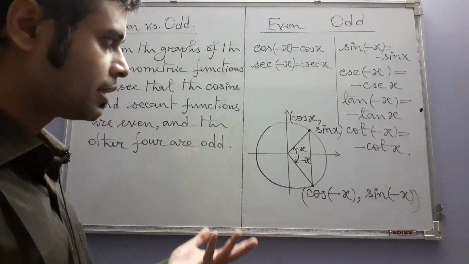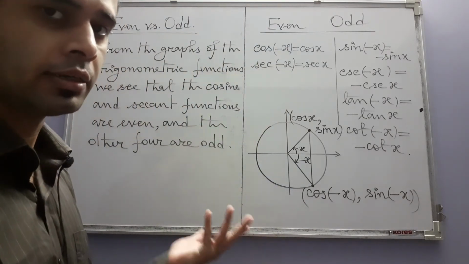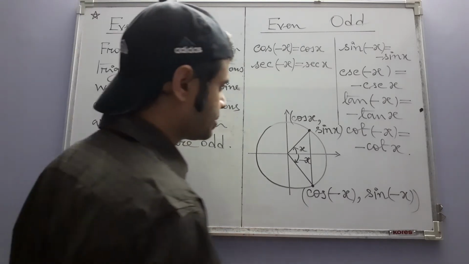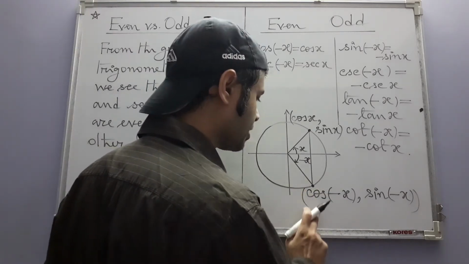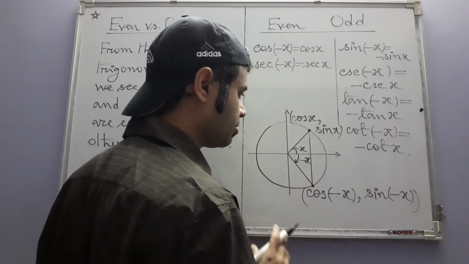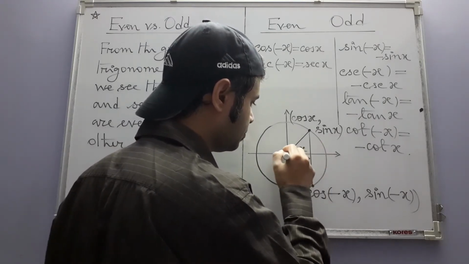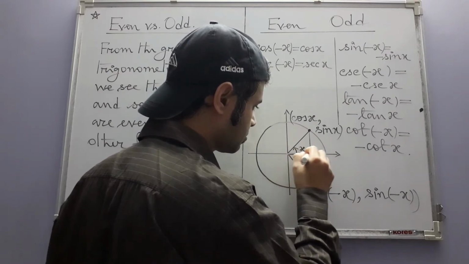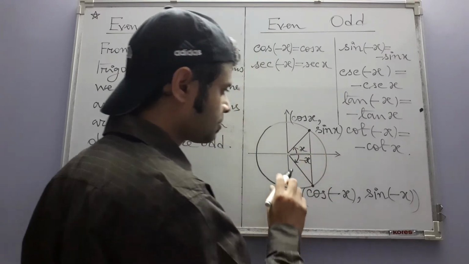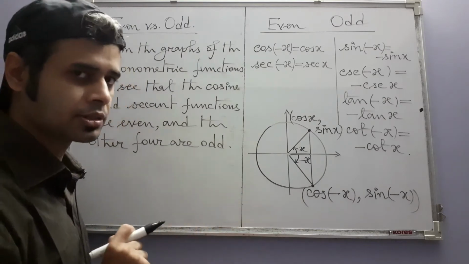Now you can see one thing directly from the geometry, and immediately: cos minus x and cos x are both the same thing, because it is this distance, and I say distance because it is actually positive in this case.